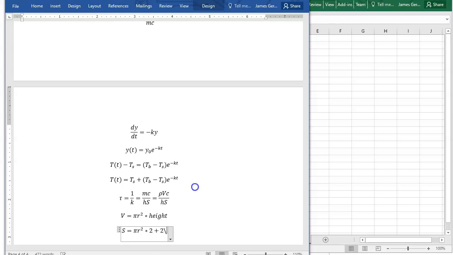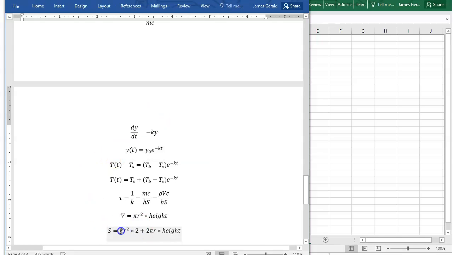Plus 2 pi r, that's the circumference, 2 pi r times the height. Well, which one of these grows faster as you make the body bigger? If we were to say they have to have the same shape, so the height has to be proportional to the radius, right? Which is growing faster?